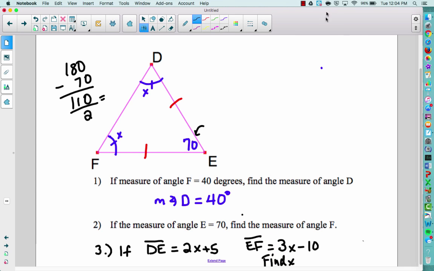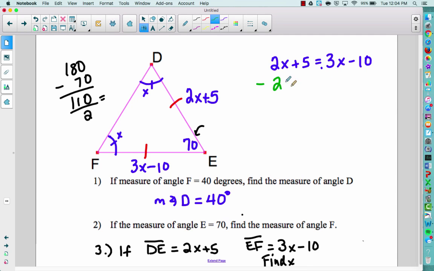Okay, so now I'm giving you the segments. Just like we would, we label our diagram. So DE is 2x plus 5, and EF was 3x minus 10. Since they are congruent, I can write an equation by setting them equal to each other. Then I go through the process of my algebra and I solve for x.